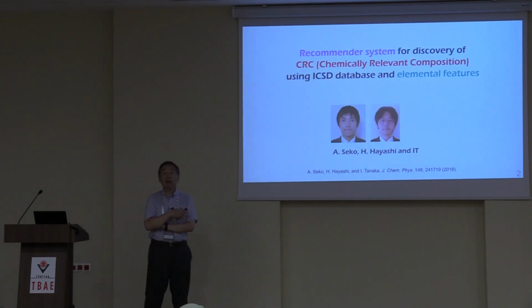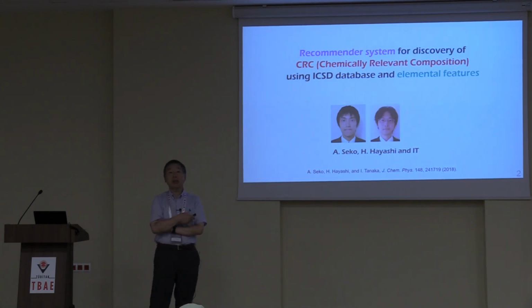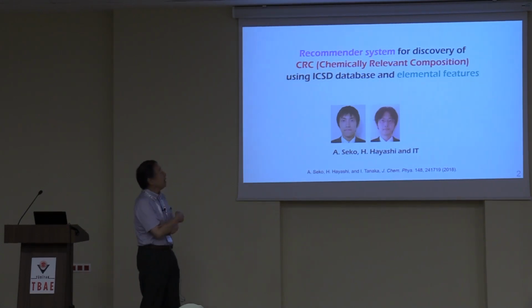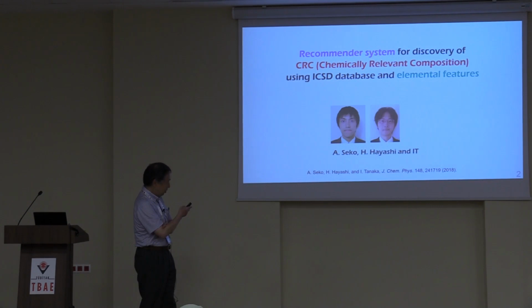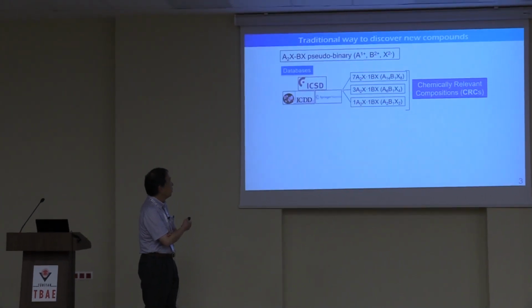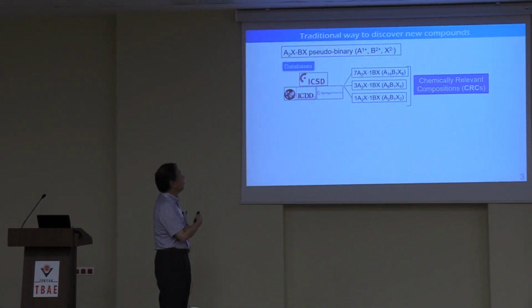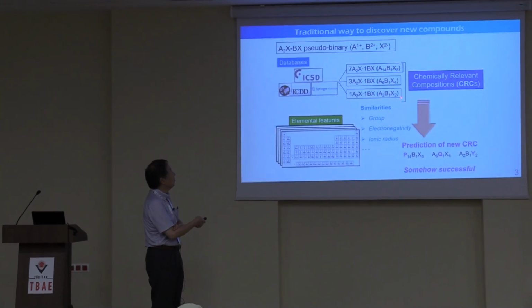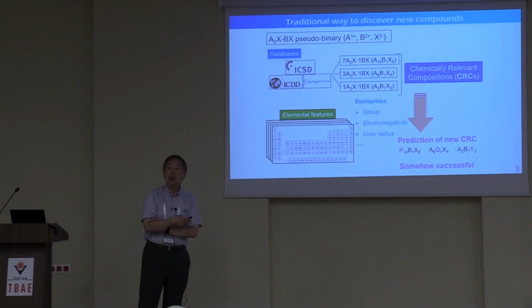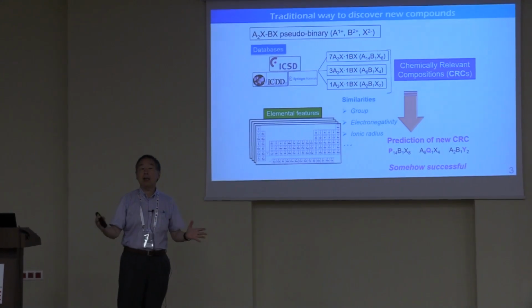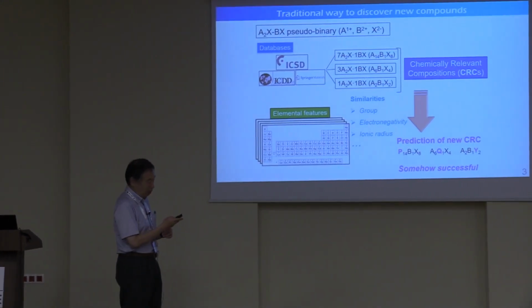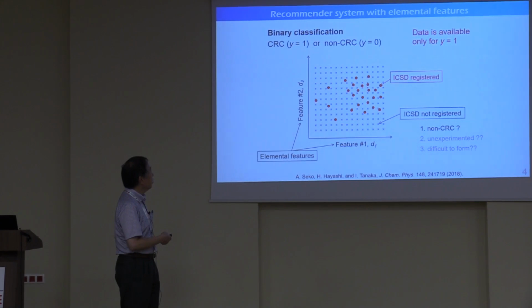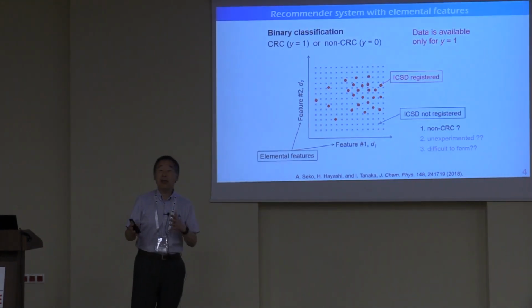The first part of my talk is related to the recommender system, which I somehow talked about yesterday. That is quite often used in e-commerce. I already talked about the traditional way to discover new compounds based on similarities, and we expanded this method in some way to be able to include many features.